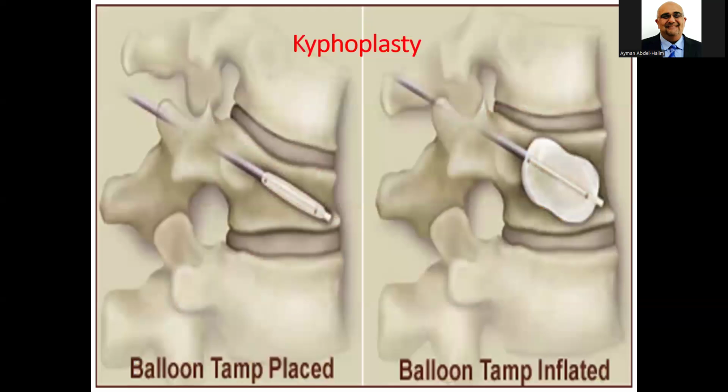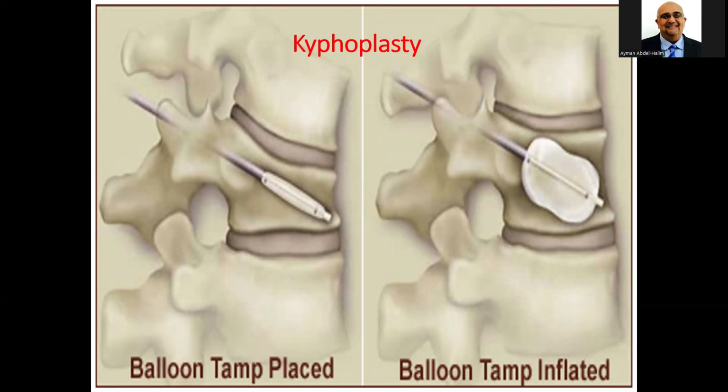Now, there's another one similar to the vertebroplasty called kyphoplasty. And in this operation, basically, we create a vacuum inside the vertebral body. One of the techniques is using a balloon, okay, that we inflate inside the vertebral body.